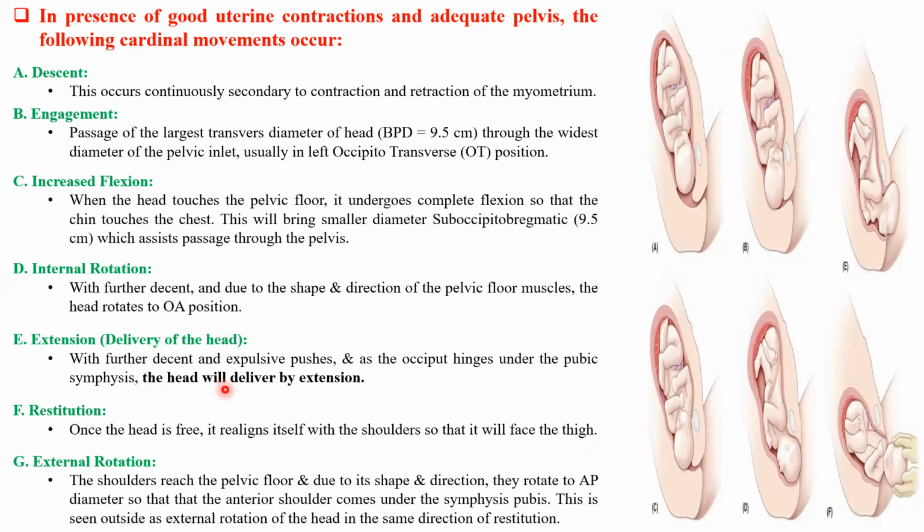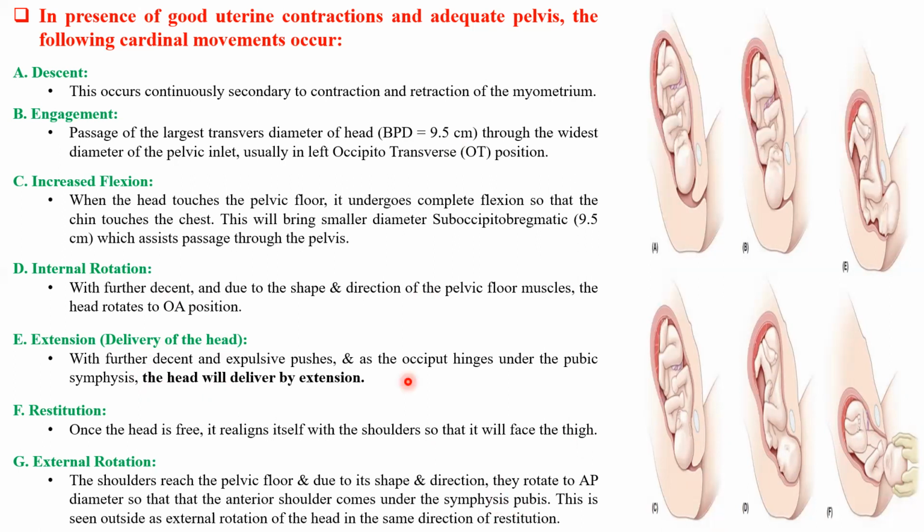After delivery of the head, once the head is free, the head will go into restitution. What is the meaning of restitution? It means the head will realign itself again with the shoulders. So now the face will be facing one of the sides. So this is restitution. Once the head is free and restitution occurs, the shoulders will reach the pelvic floor.